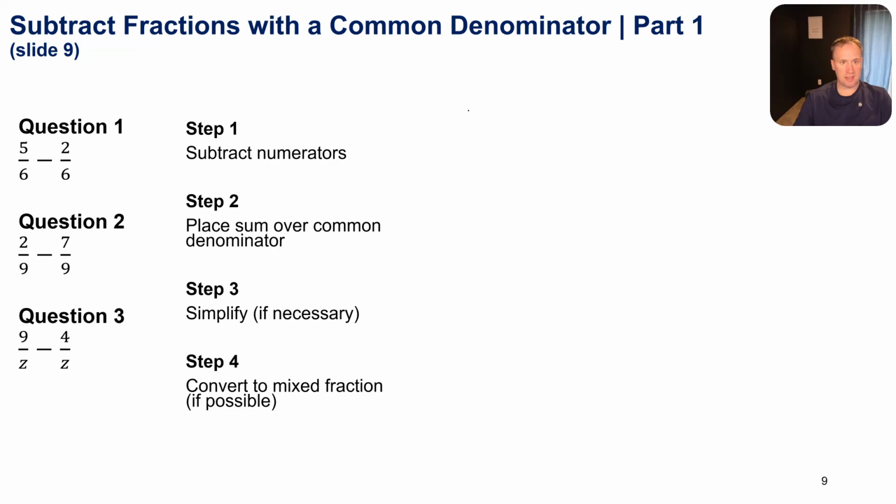Question 3 then is going to be 9/z minus 4 over z. Now again, like the previous one, z is a common letter, means a common number, so that is a common denominator already. I don't know what it is, but I can combine my two numbers here.